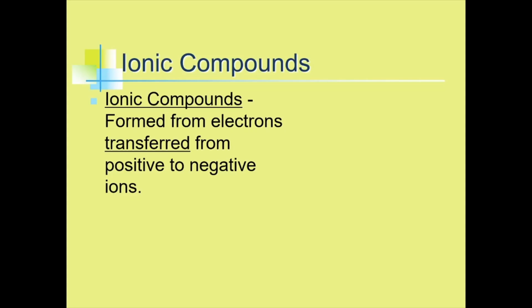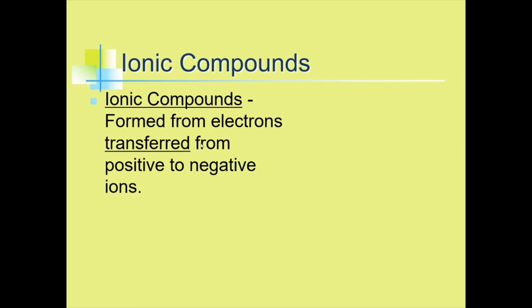So now that we have a good idea of what ions are and how they're basically just elements with a different number of electrons, what we can actually start to do is mix them together and form things called ionic compounds. Remember that some ions wanted to gain electrons and some ions wanted to lose electrons. So it just makes sense that they would pair up together and form these compounds.